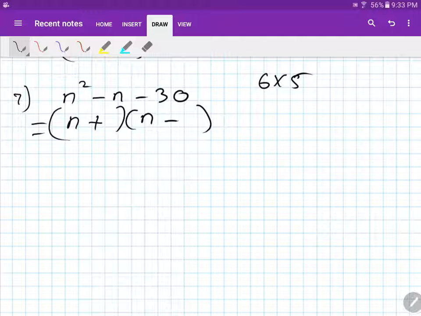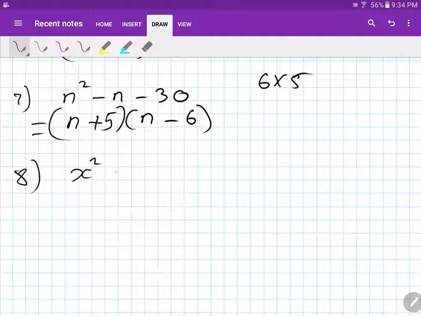Because it's negative, 6 goes here and 5 here. Is that okay? Let's move on. I'll just keep doing the same type, and then you do it yourself. You should do it before me and compare your answer with mine. After a while you'll understand, and I want you to practice. That's why I do a lot, so you can see it.